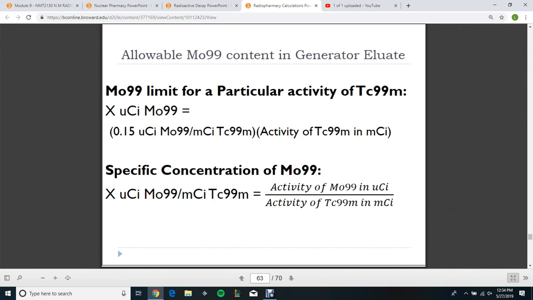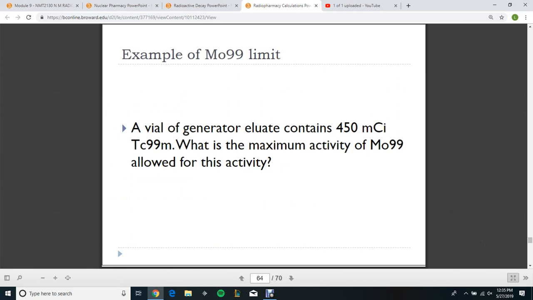The specific concentration of Moly-99 is x microcurie of Moly divided by the millicuries of tech, equal to the activity of Moly-99 in microcuries over the activity of technetium-99m in millicuries.